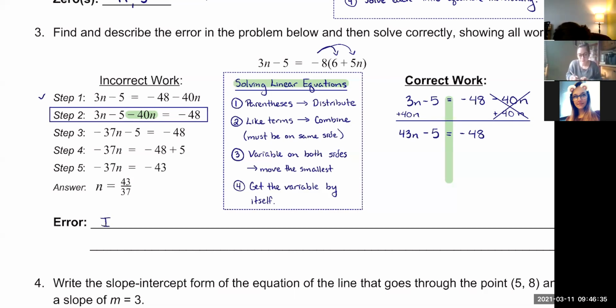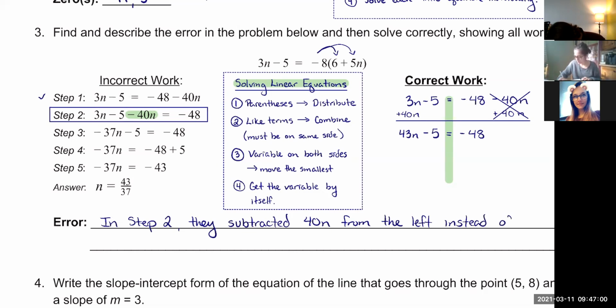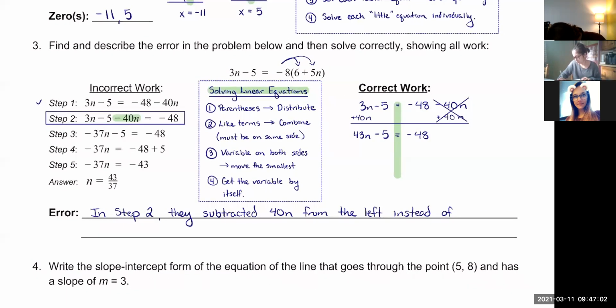So in step 2, we'll say that they subtracted 40n from the left instead of adding 40n to both sides.